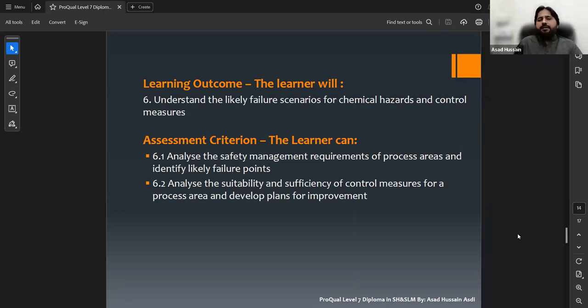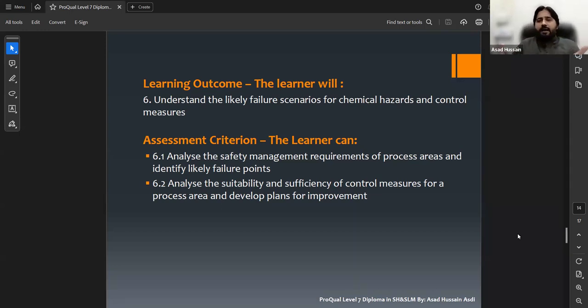Where in your organization you have a process area, you have to identify likely failure points, the points that are actually chemical hazards, because chemical hazards are mostly present in process industry or process areas. So you have to identify that failure point.